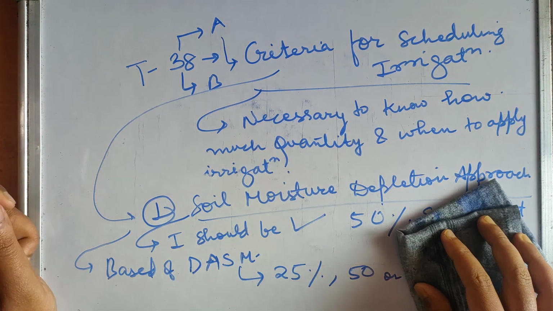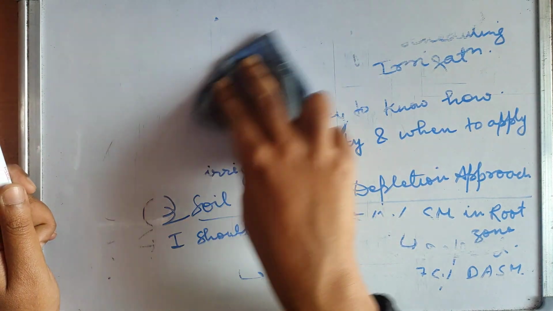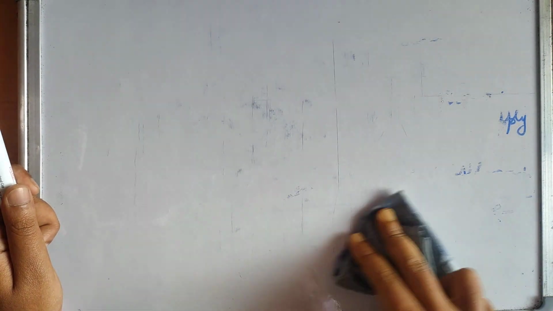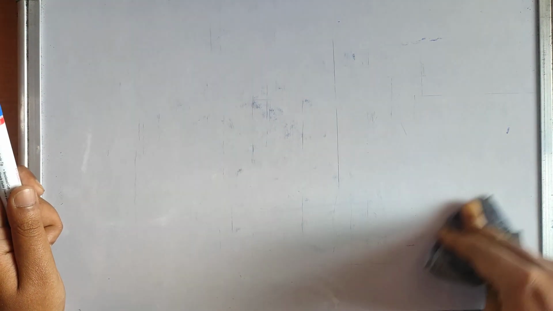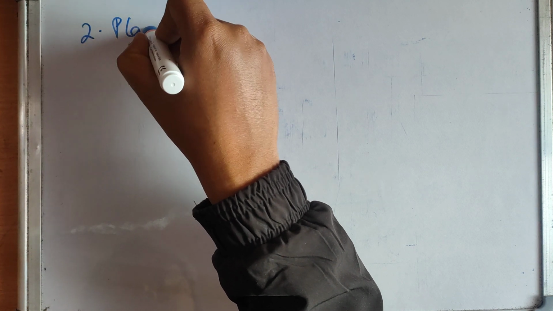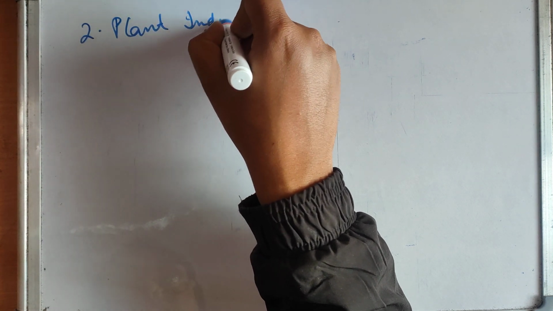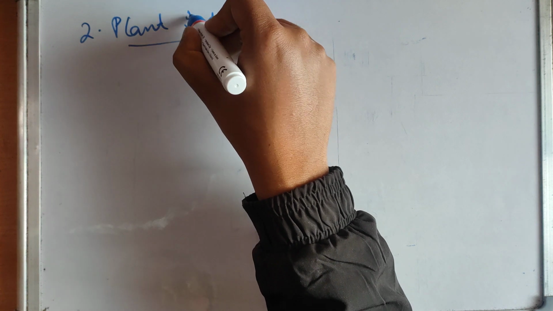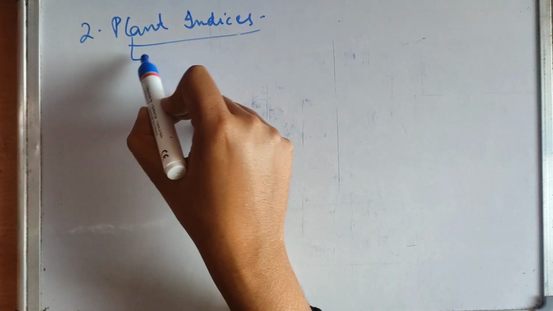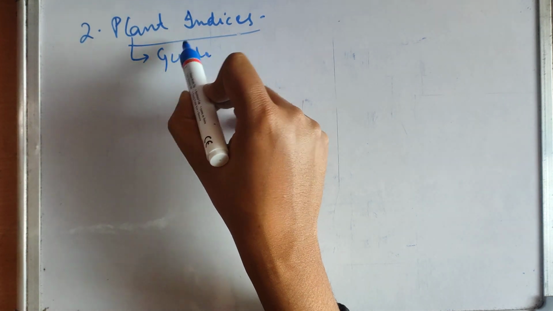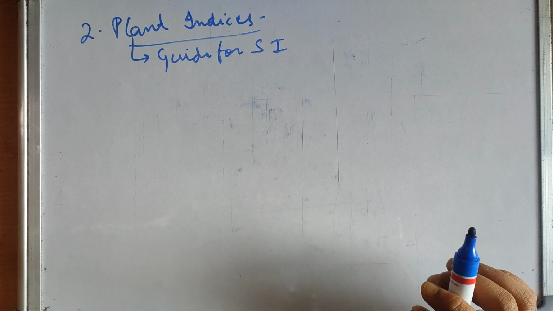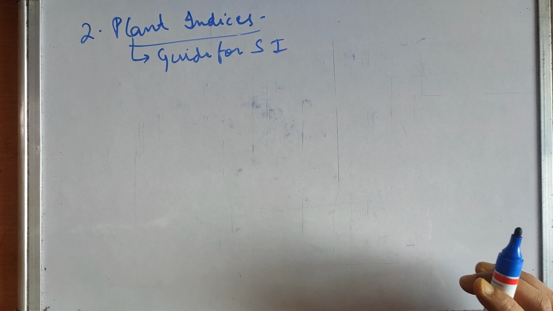Now moving on to the second criteria, that is plant indices. Here the plant can be taken as a guide for scheduling irrigation when water deficit is reflected by plants.